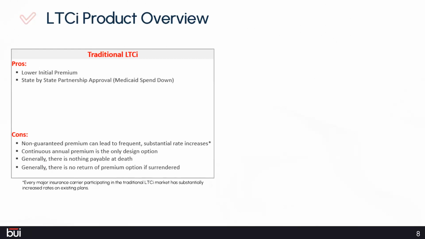But the downside is these products do not offer a fixed or guaranteed premium, short pay options, or a death benefit. Most of them also don't include return of premium options. So these are commonly referred to as use it or lose it products. And when a client comes in saying, I've got this rate increase, I'm not sure what to do, nearly every time it is related to traditional long-term care insurance.